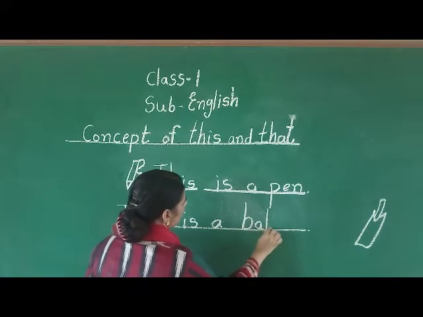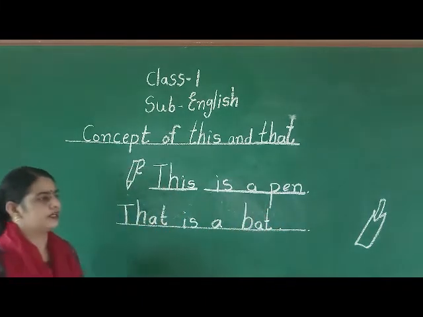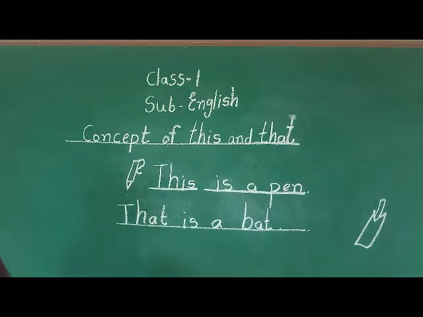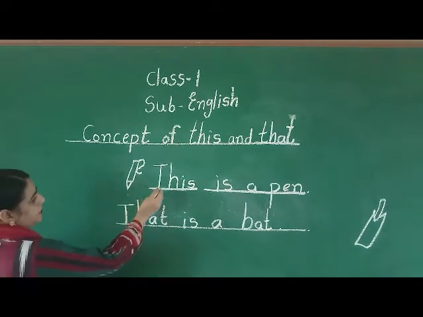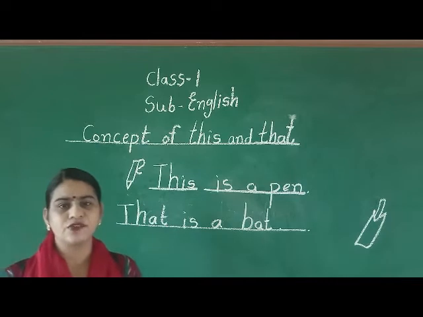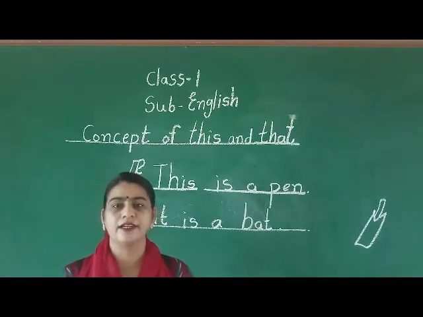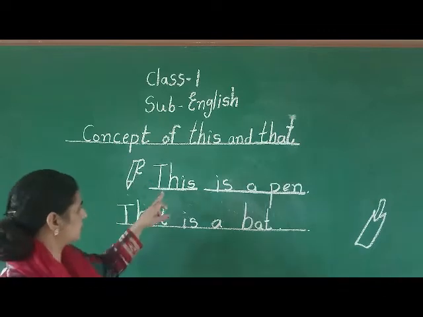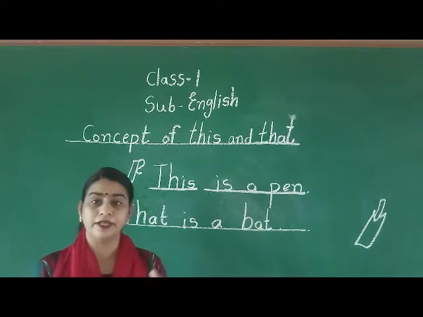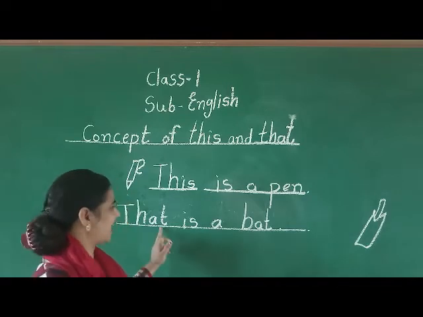Like this you have to do. This indicates when we are talking about only one person or one thing and it is nearby us. And when we talk about more than one person or things, we will use that.